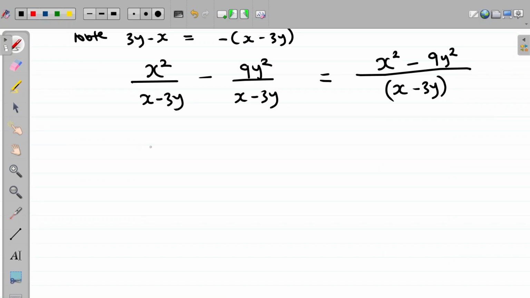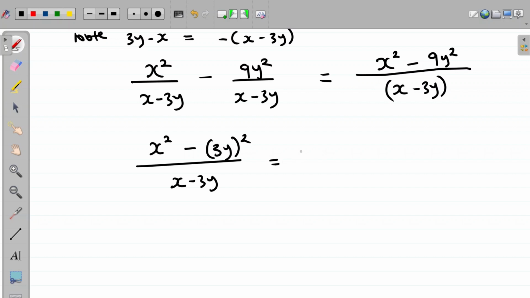So our numerator can be expressed as x squared minus (3y) all squared divided by x minus 3y. Now, if you observe, our numerator has been expressed as a difference of two squares.